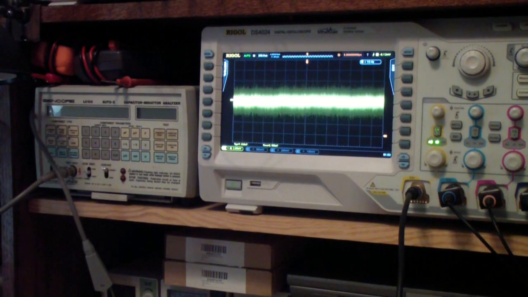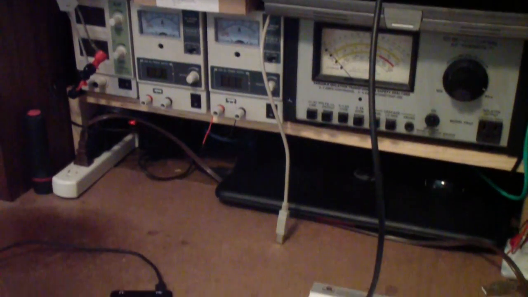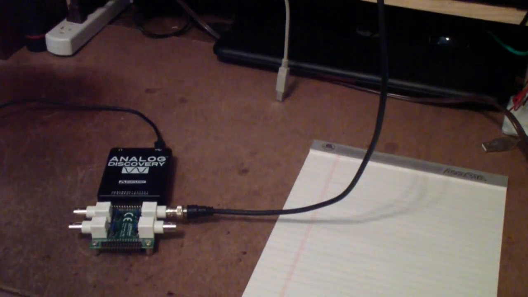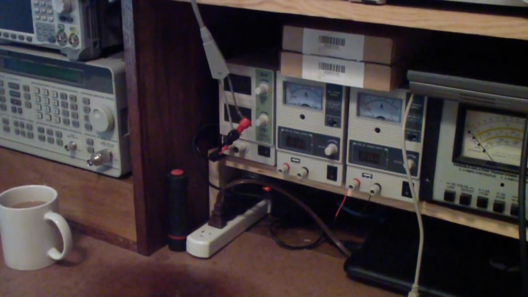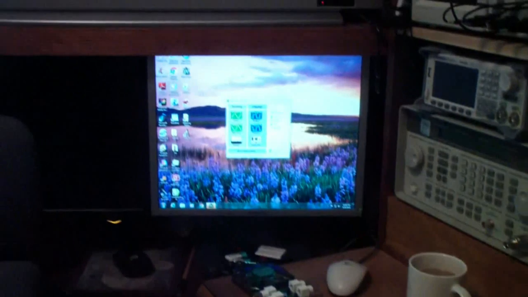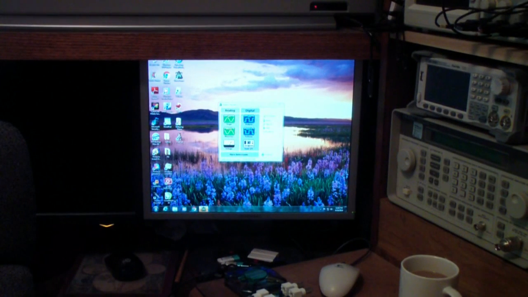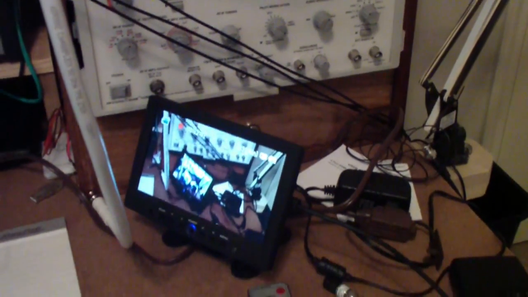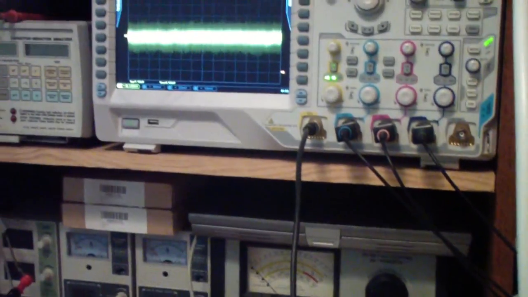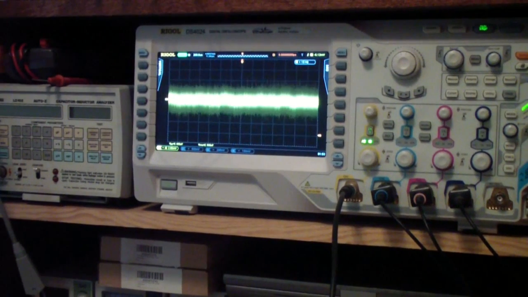So one of the things that I have done so far is I have connected up the Analog Discovery and started up the Waveforms software, but without enabling any of the devices. I have connected up my video monitor and obviously turned on the camera, or you wouldn't be seeing this.